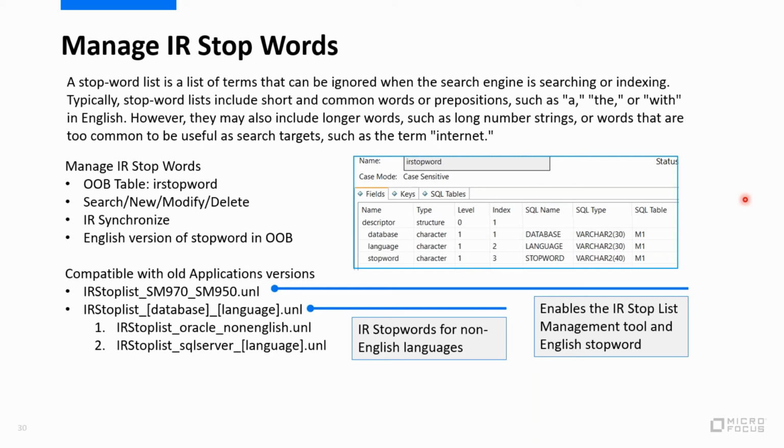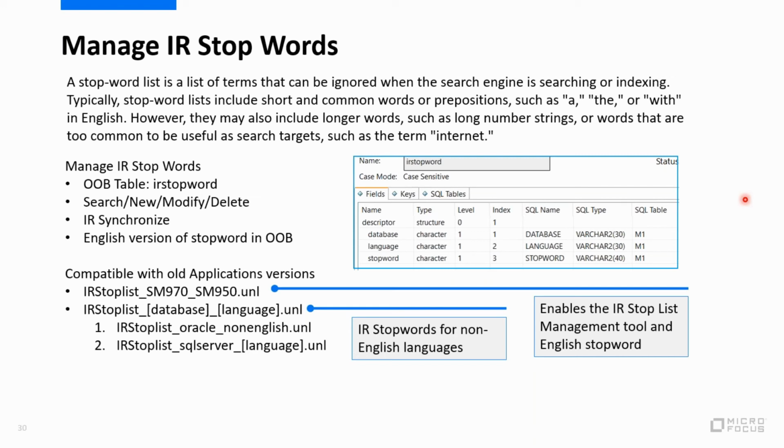Typically, the stop word list includes short and common words or prepositions such as the, or, with in English. However, they also may include longer words, such as long number strings or words that are too common to be used as search targets, such as the term internet.